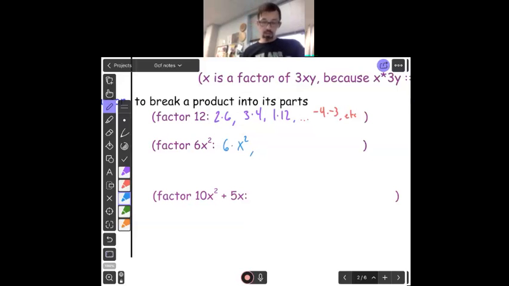Could do 1 times 6x squared, sure. What else? There's a lot more. Dion, what multiplies to be 6x squared? A lot more you should have thought of.